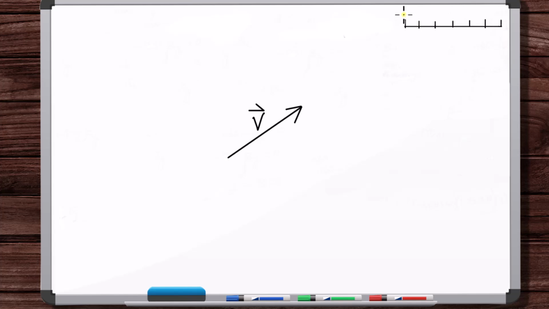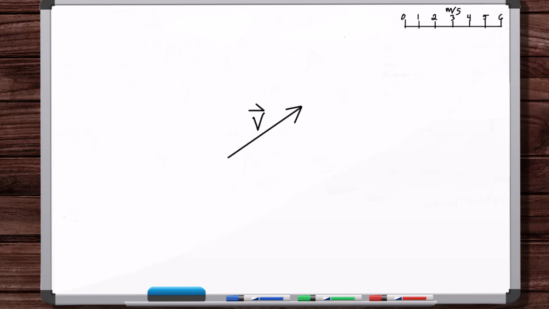Okay, so this is 0, 1, 2. Let's say this is a velocity vector, and this is meters per second. What this is referring to is that this length on the page is 1 meter per second.